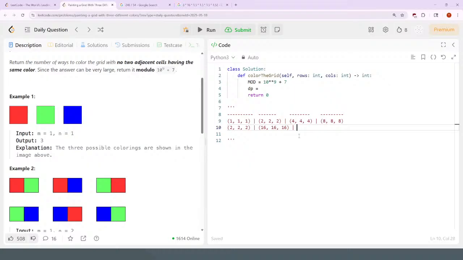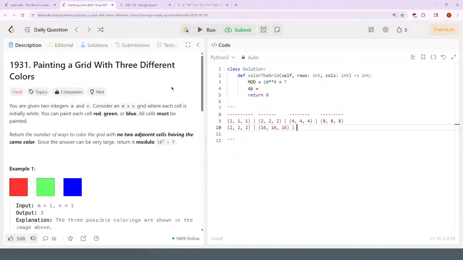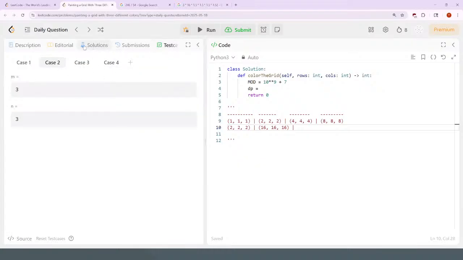16 times 16 times 16 is, no, that's not right, right? Is that 48? That's 48. It's 2 by 2, 48. Test case, 2 by 2.